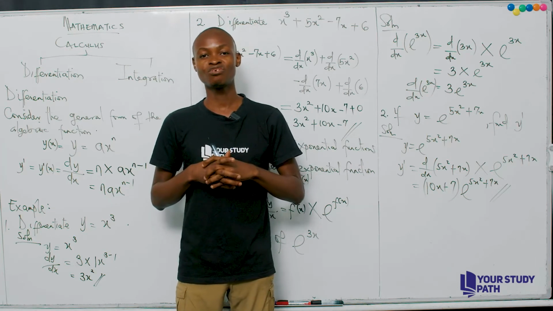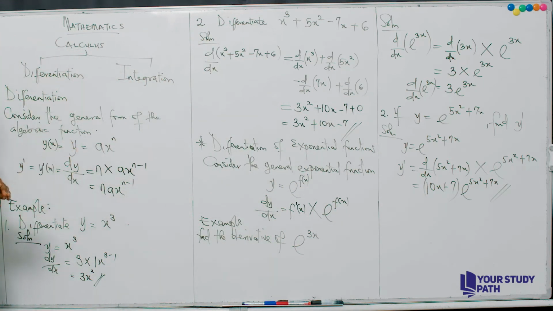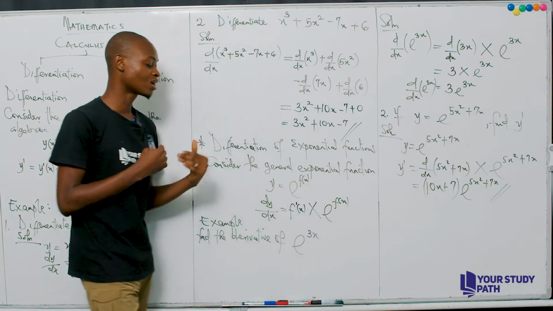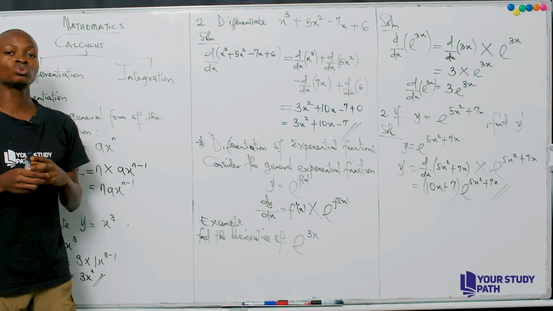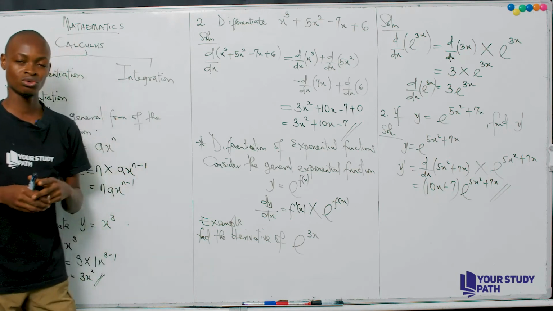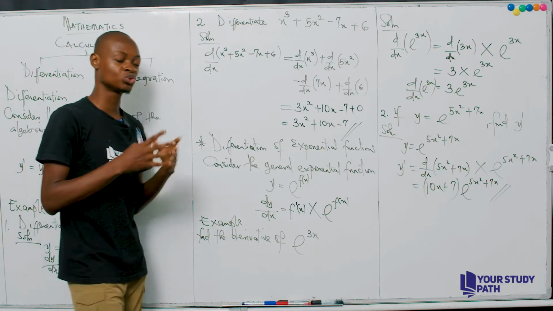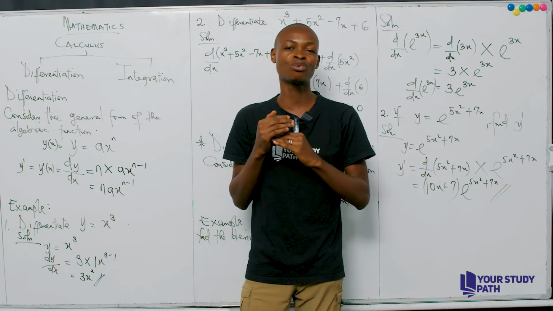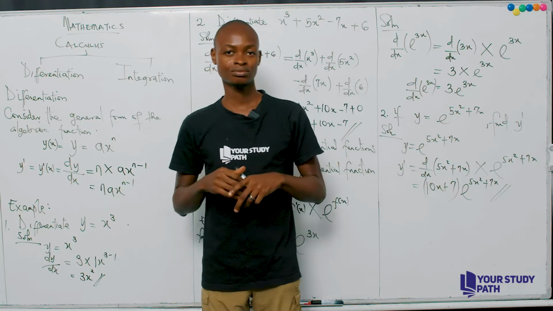You would also note that while we have done all of this in simple ways, we could have further broken down this process into a longer kind of solution. That kind of longer solution is what we refer to as chain rule or functions of functions. What chain rule or function of functions stands to do is to correctly break down each stage or each step of the process so that it is clear for anybody that is trying to read it.